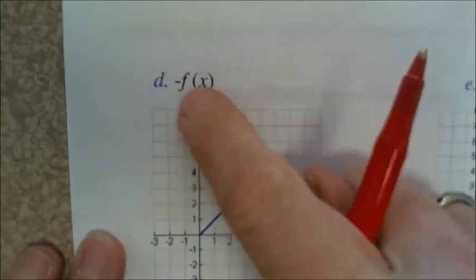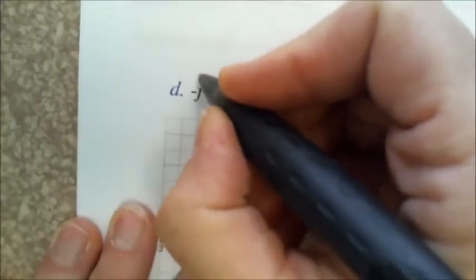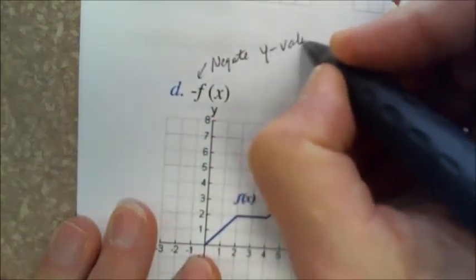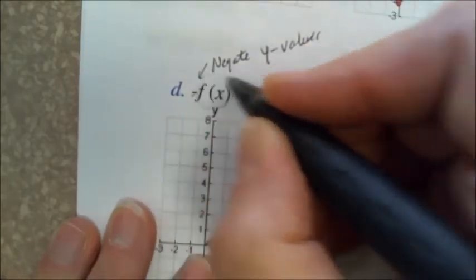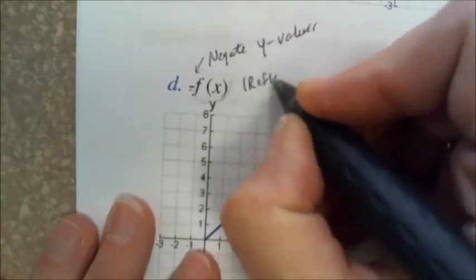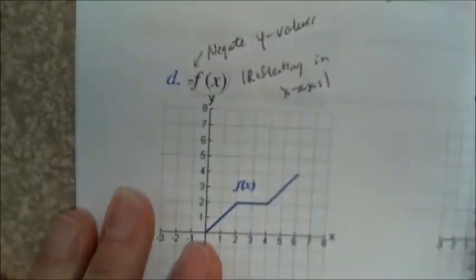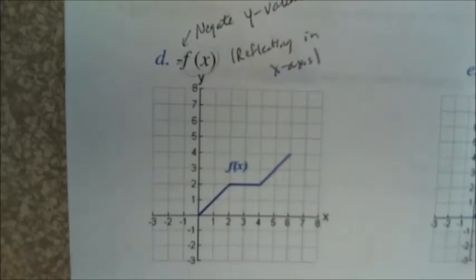Down here, the negative in front of the f of x, remember f of x is the same thing as y. This is just like negating the y values. Negative y, negate the y because f of x is y. So when you negate the y values, that's the same thing as reflecting in the x-axis. So if you take this point 2, 2 and you negate the y value, you'd get 2, negative 2.